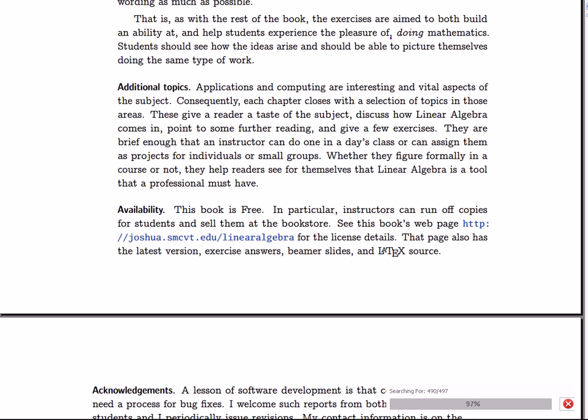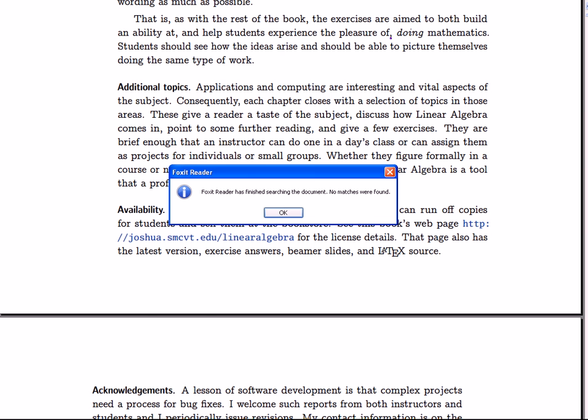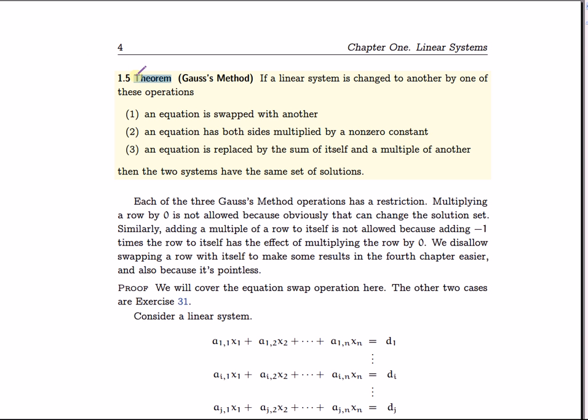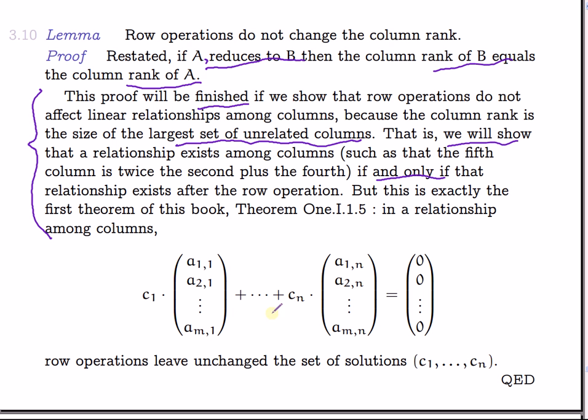Okay, here's the theorem that we're talking about. It's just the statement of Gauss's method that row operations give a system that has the same set of solutions. So how does that relate to this statement here?